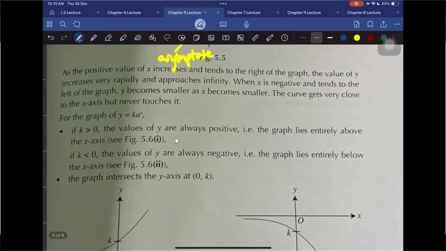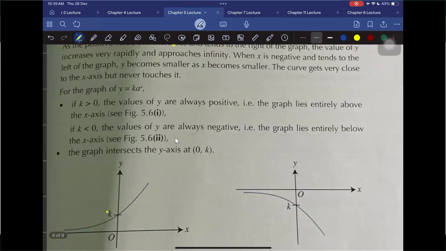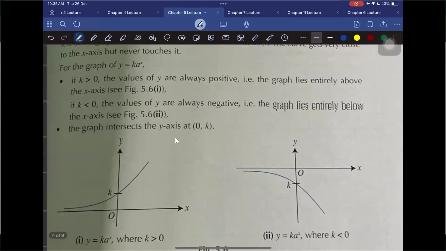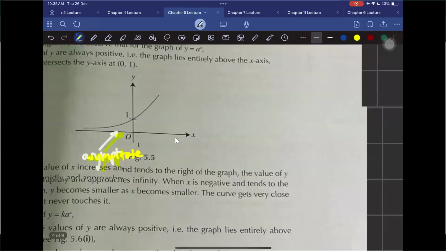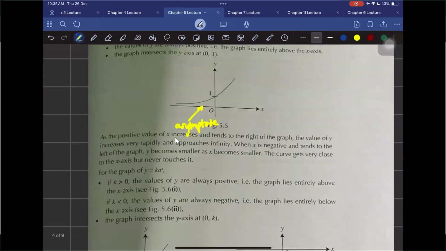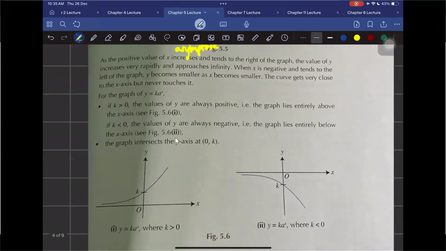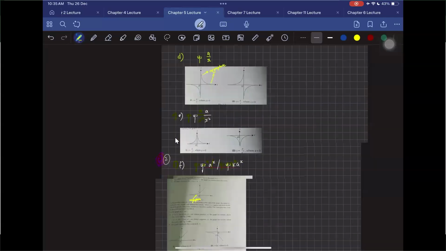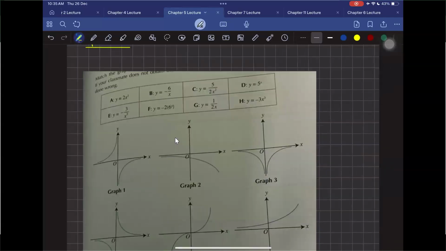If you have y equals k times a to the power x, then your intercept becomes k, because a to the power 0 gives you 1, and when you multiply it by k, you get k. And similarly, if your a is negative, then you would get a flipped version of it that looks like this.